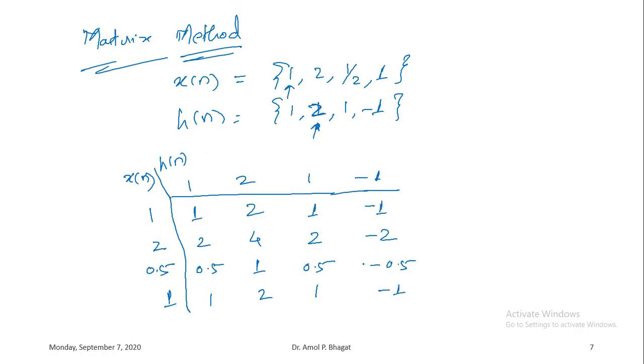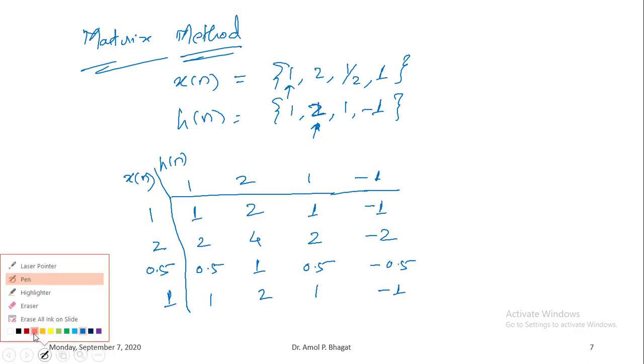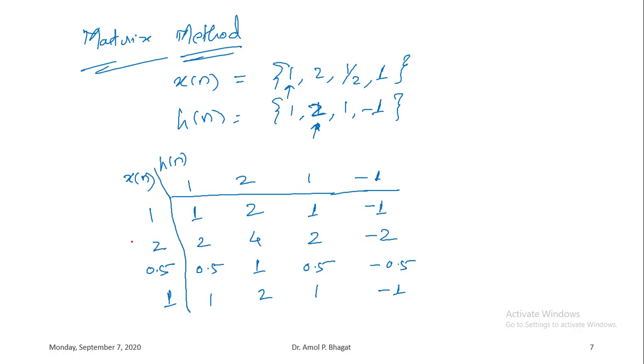Okay, so after obtaining this matrix you will separate these elements diagonally. So how? This will be separated, right? Then next this will be separated out, then next this will be separated. Here it is 1 basically.